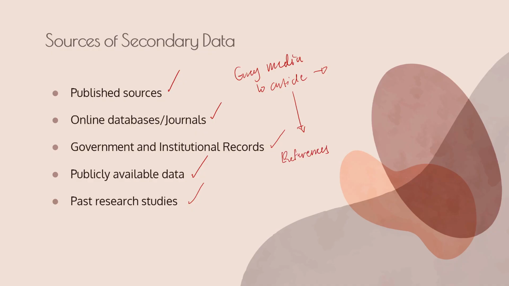If the references are taken from government or institutional records and publicly available data, meaning that they are verifiable, then it is perfectly fine to take information from gray media. Okay, so just a note when we're trying to collect secondary data.